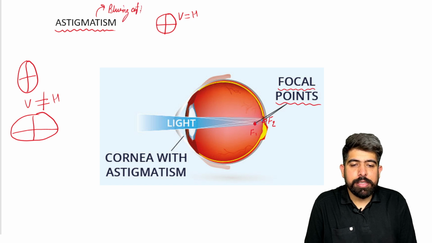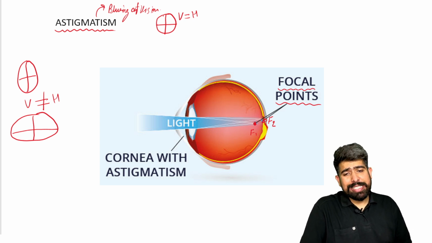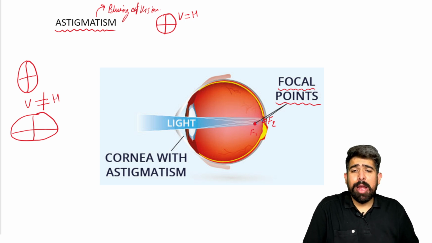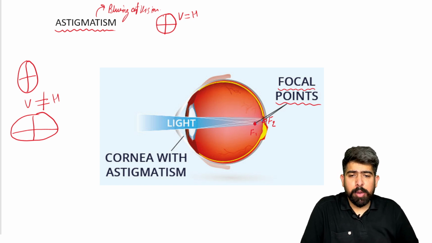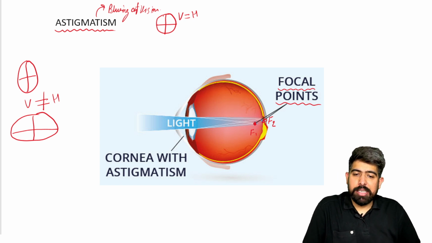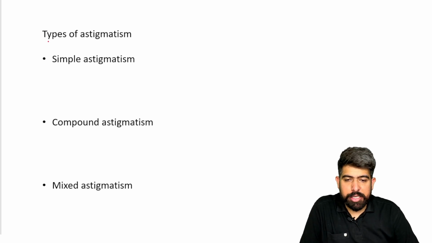We'll talk about it further in depth, about all the different types of astigmatism, like simple myopic astigmatism, simple hypermetropic astigmatism, compound hypermetropic, compound myopic, and mixed. Just remember, the patient faces blurring of vision, right?